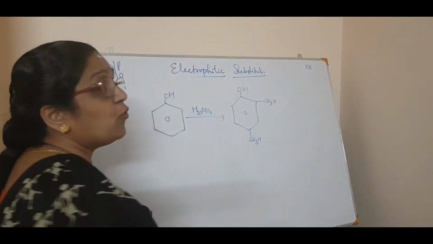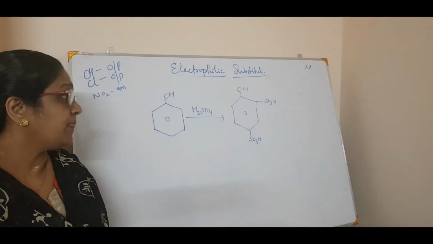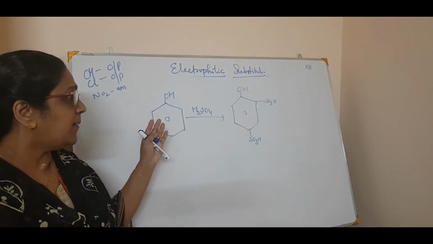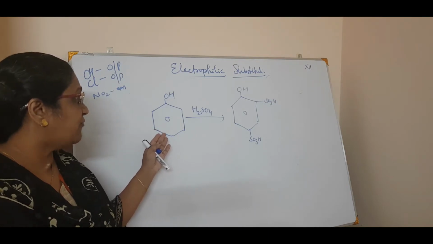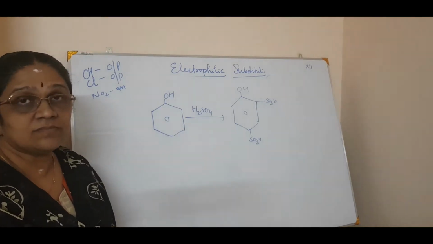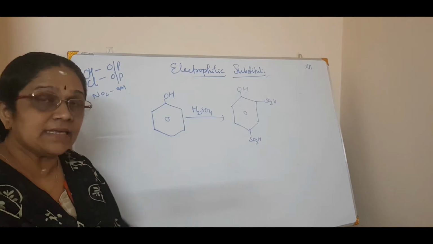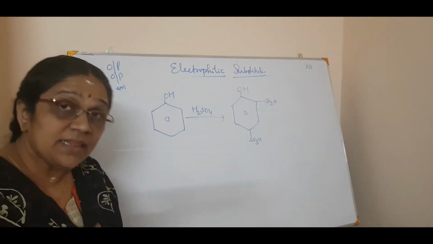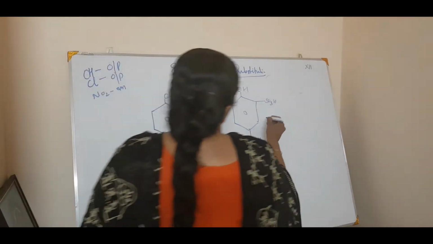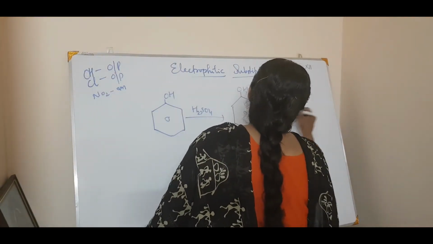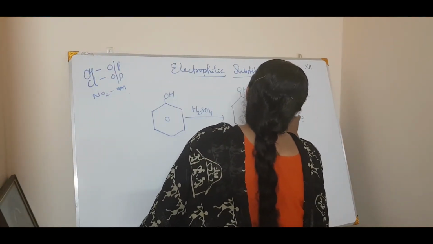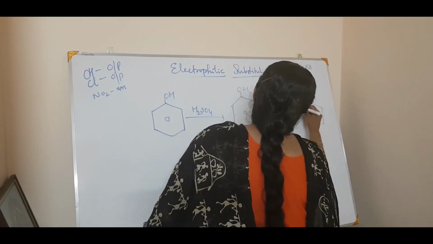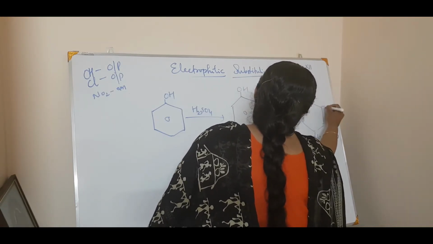Then 2,4 benzene disulfonic acid is formed. See, first you change this phenol to sulfonic acid. Sulfonic acid means SO3H. Then you treat it with nitric acid, HNO3, and you will have 2,4,6 trinitrophenol.